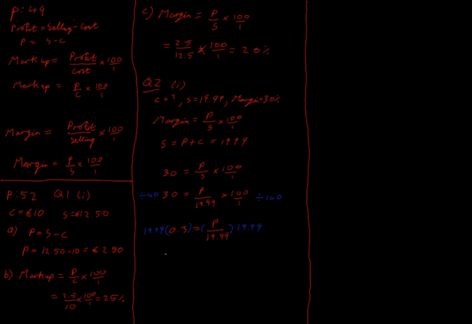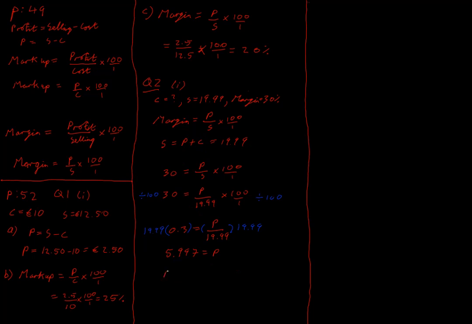And I find that my profit ends up being 5.997. So now I know what P is, which was the piece of information I was missing here in order to be able to find my cost price. So now that I know P, I can sub it into this formula here and solve to find my cost price.